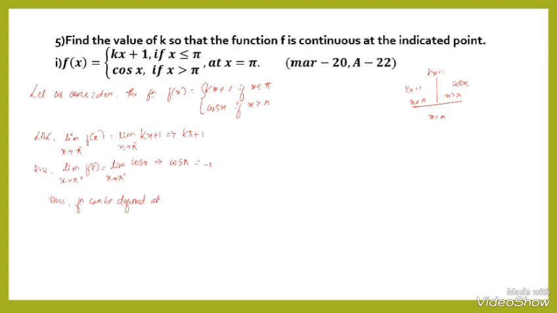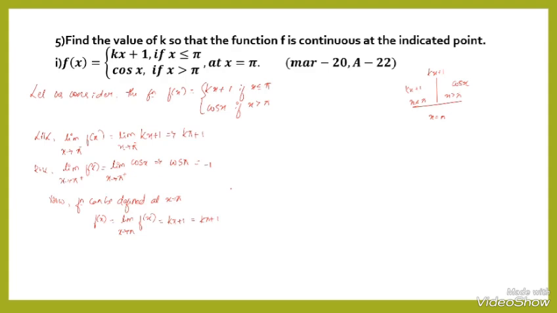Now, f of x is equal to limit x tends to pi of f of x. Here f of x, the value of f of x at kx plus 1, that is at x equal to pi, is k pi plus 1.